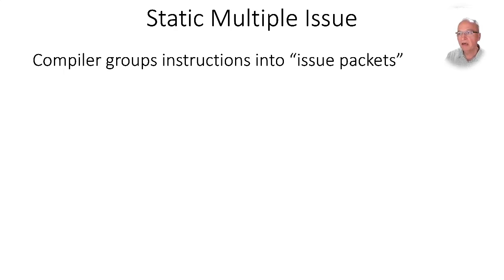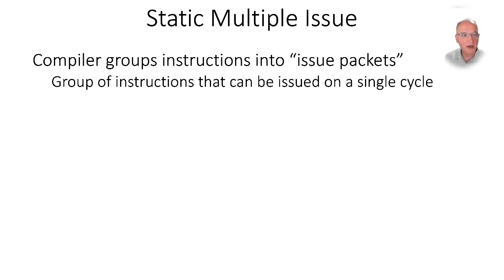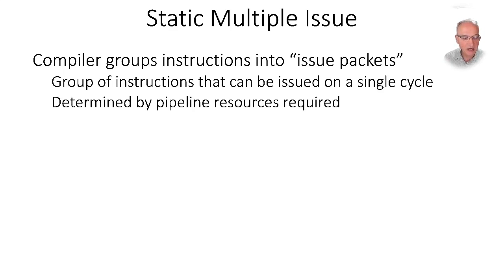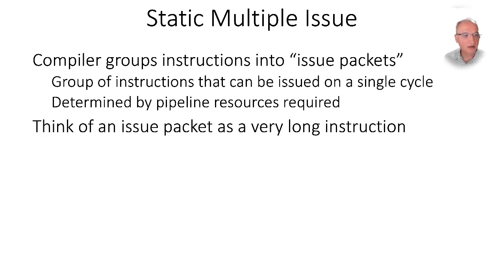In static multiple issue, I will have the compiler grouping the instructions into issue packets, and a group of instructions that can be issued in a single cycle will be in the same packet and will be determined by the pipeline resources required. We can think of an issue packet generated by these compilers as a very long instruction, and therefore the architectures that allow that, not every processor allows that.